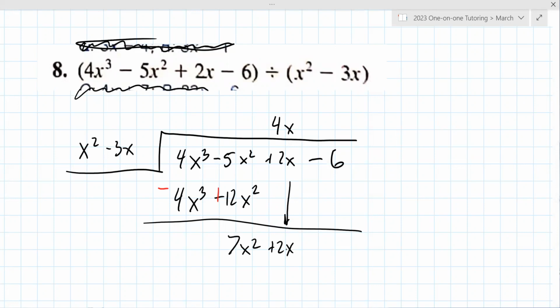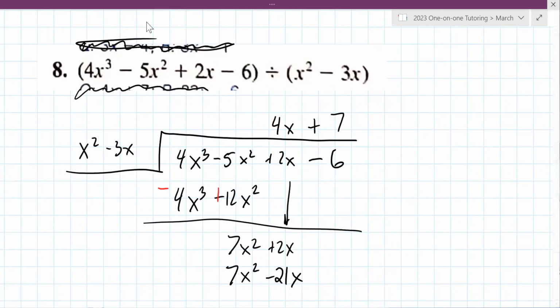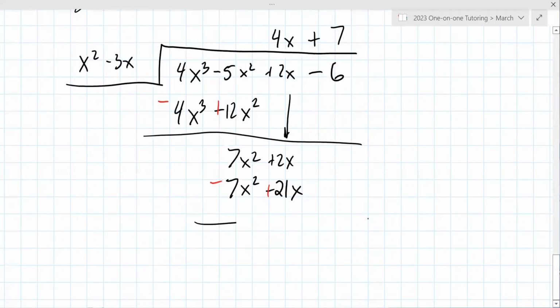Then how do you go from x squared to 7x squared? Multiply by 7. So plus 7, 7x squared minus 21x. Then you change the signs. So negative, positive, so this becomes 23x. Bring this down, minus 6.